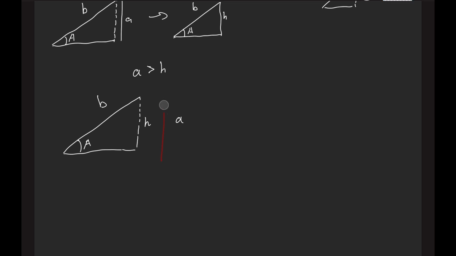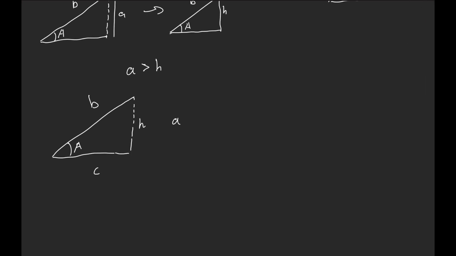What that means is, if we were actually to draw a straight line being A, it's a lot taller than h, so it has to bend to be able to create a triangle. And given that we don't actually know the length of C on the bottom, we don't know whether this triangle will be created or this triangle will be created.